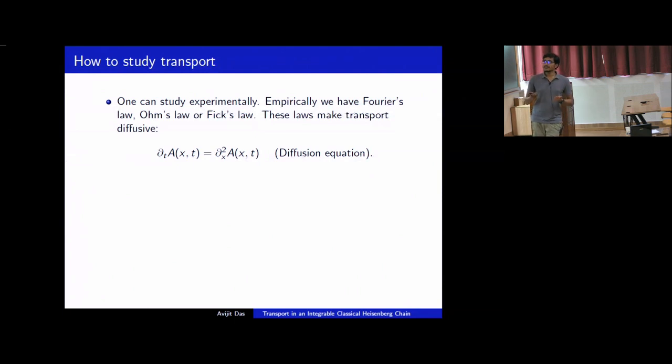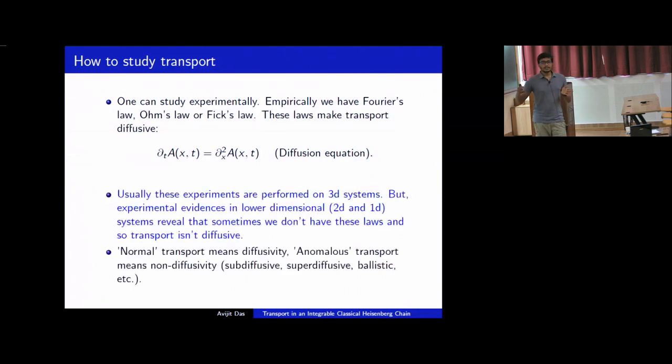These kinds of experiments are usually done in three-dimensional systems. You take a gas or a three-dimensional metallic rod or whatever. But thanks to experimental advances, we can perform these experiments on one-dimensional or two-dimensional systems. What is a one-dimensional system? Can you think of a one-dimensional system like one line of atoms sitting? That we can imagine, but that's pretty hard to make experimentally.